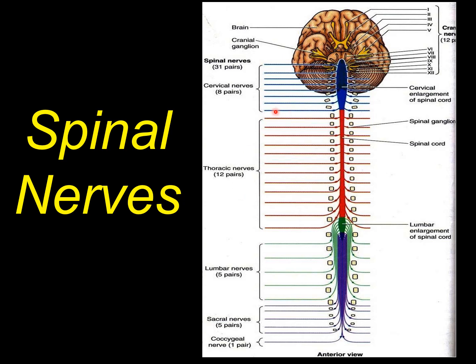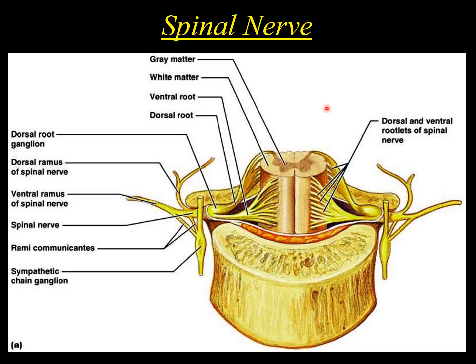Before we talk about the brachial plexus, we will just see how a spinal nerve emerges out of the vertebral column. This diagram shows a spinal nerve coming out of the spinal cord and the vertebral opening. This is the vertebra. This is a transverse section of the vertebral column, showing the spinal cord inside.